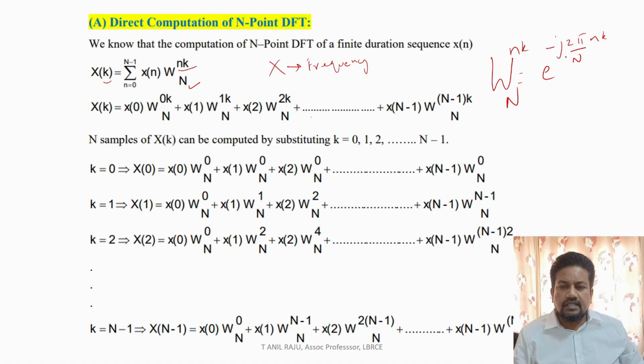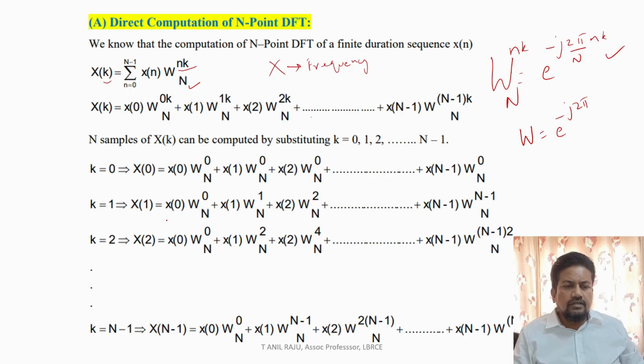Writing this complex term every time is difficult, so that's why we consider it as a twiddle factor. When we write it completely, we get this formula.